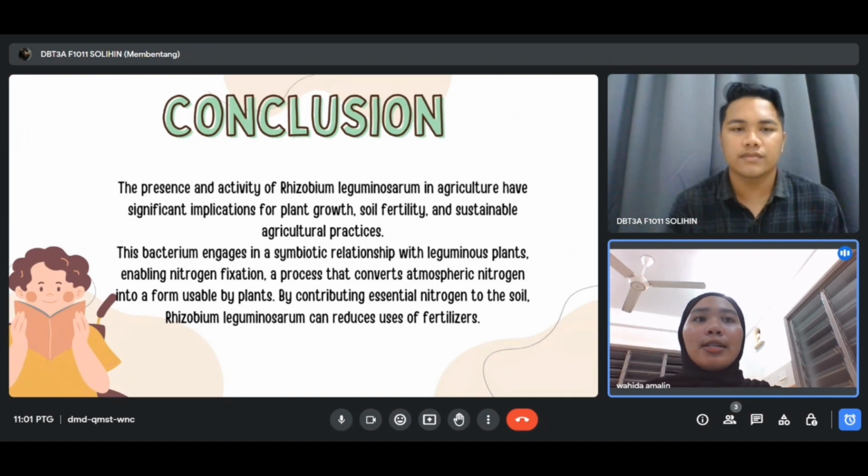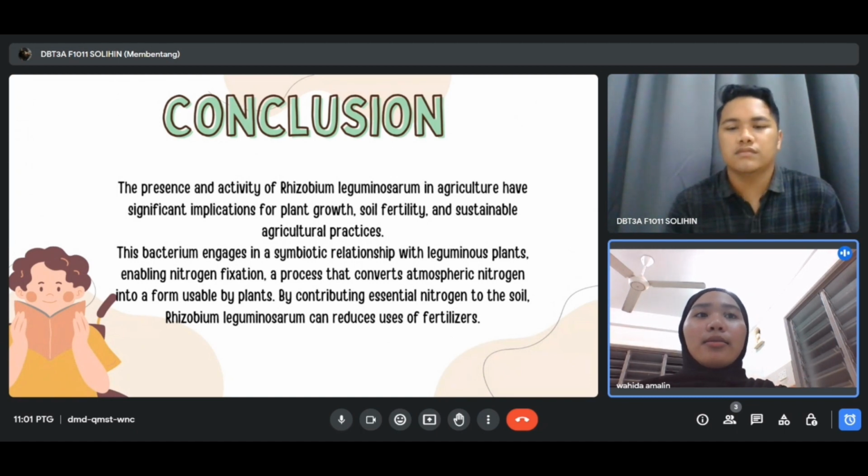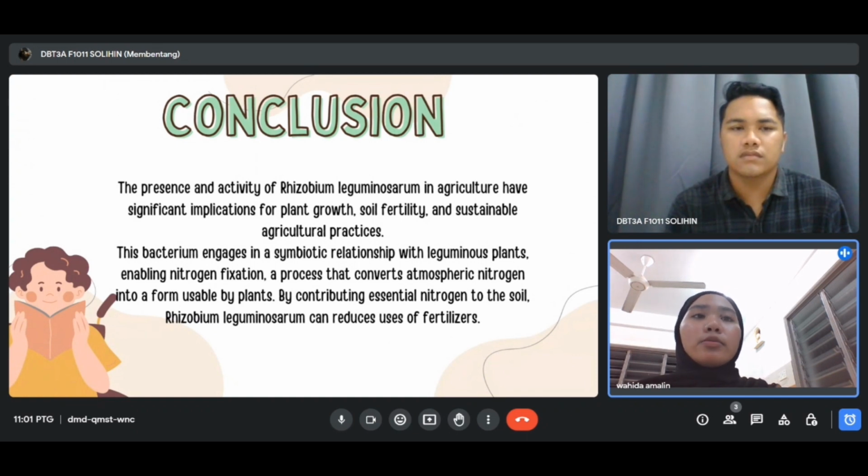When we use this bacteria in plants, the growth of the plant can occur rapidly because the plant can absorb nitrogen, which is a nutrient for the plants, rapidly.